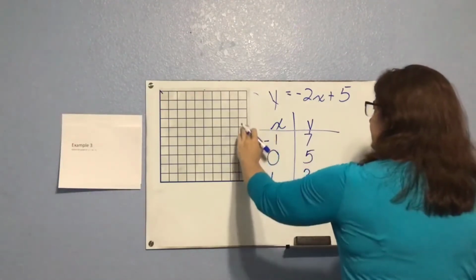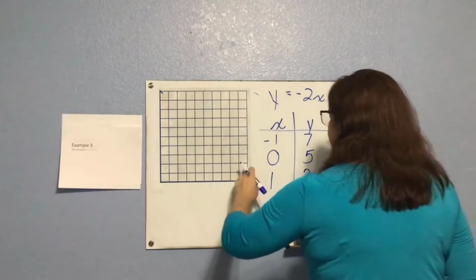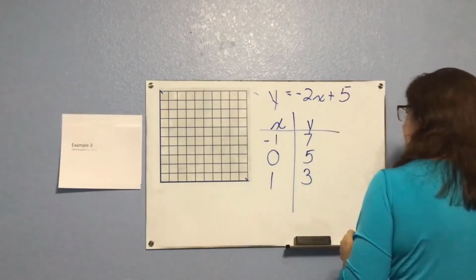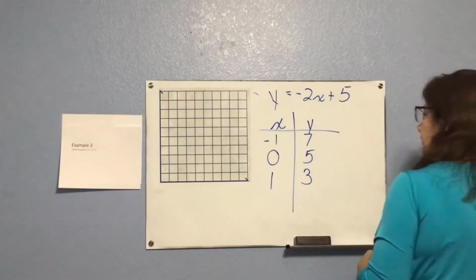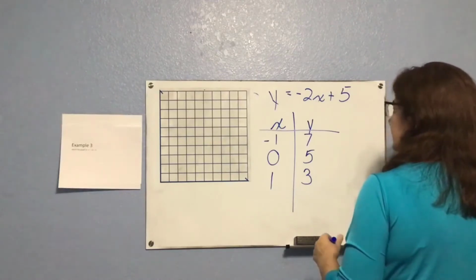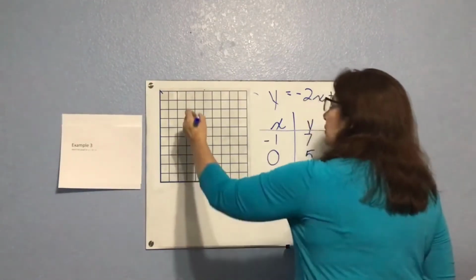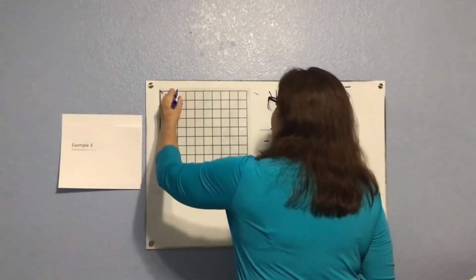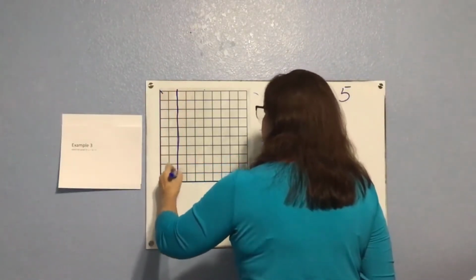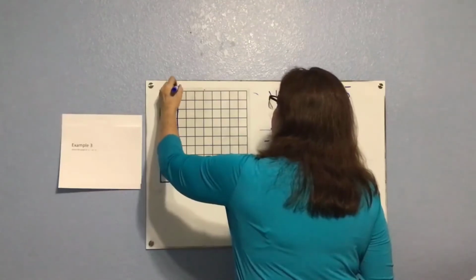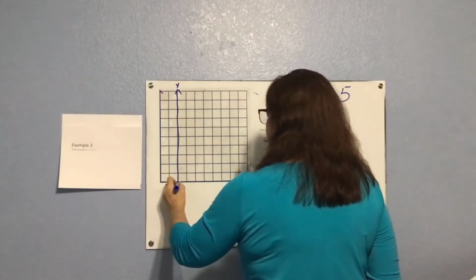And if I make this just a first quadrant graph, then these points are going to fit on it very nicely, except for that negative 1. So I'm going to move my y-axis over just a little bit so I can plot that point.